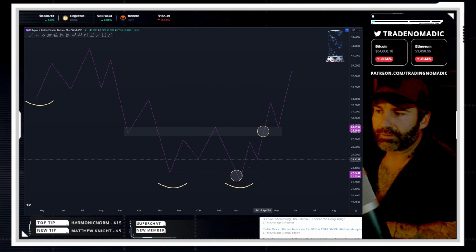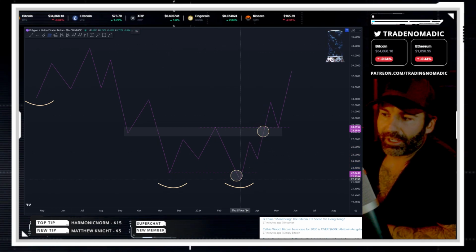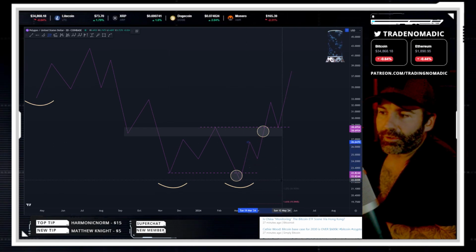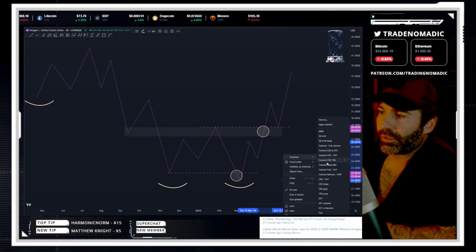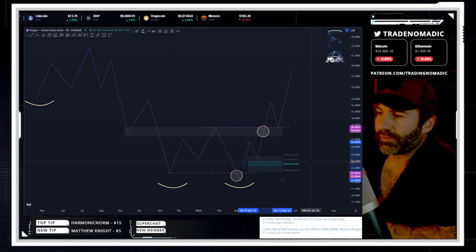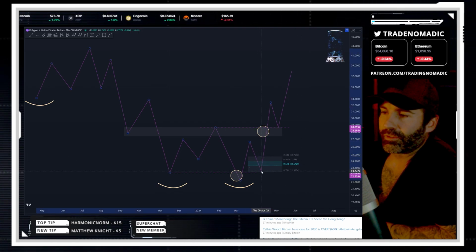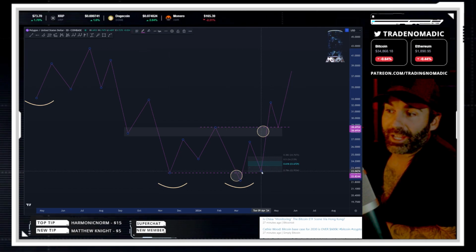Because realistically, this first move coming out of here is going to be an impulsive wave, and the first leg, or the wave 2 of an impulsive wave, could bring you all the way back down, something like this, down to a 786. In crypto, it could come down to the 886.